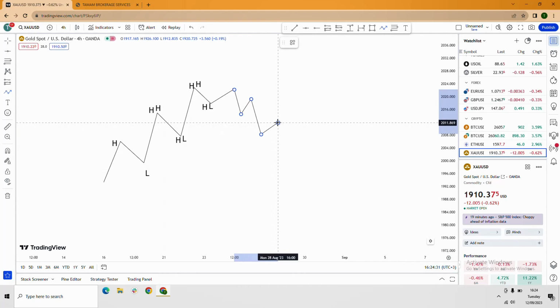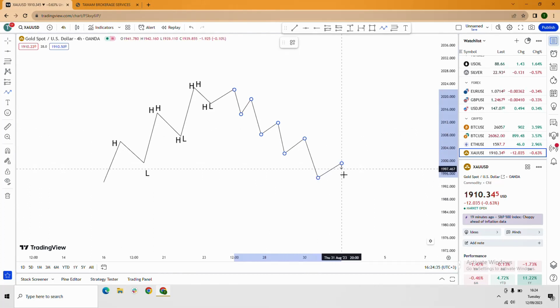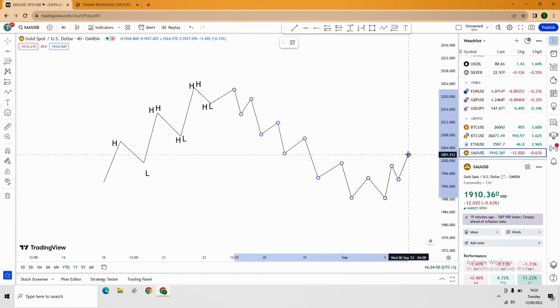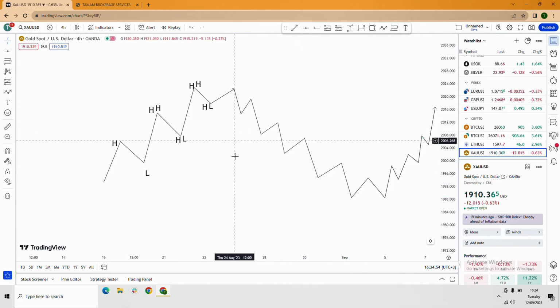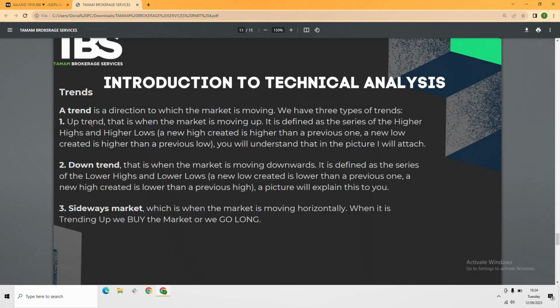It's a lower low, lower high, lower low, lower high, until price, after creating another lower high, fails to continue to the downside, gets rejected at this point, and starts creating a series of lower highs and lower lows. So that is the overall explanation of the trends.